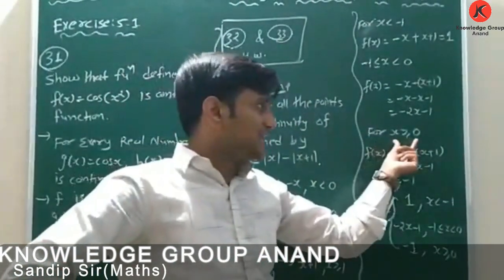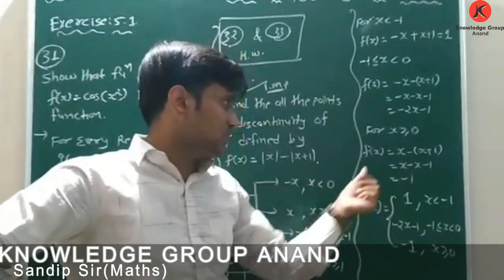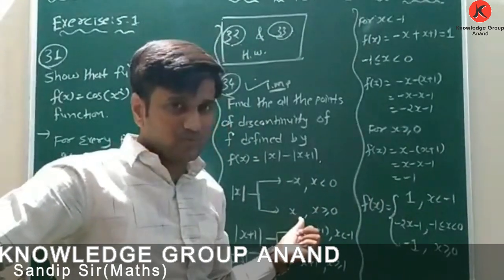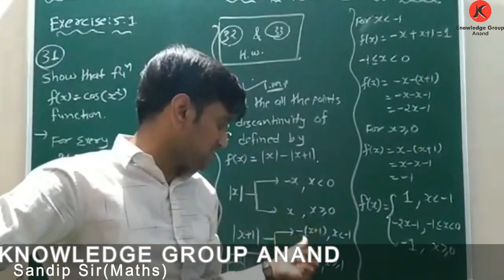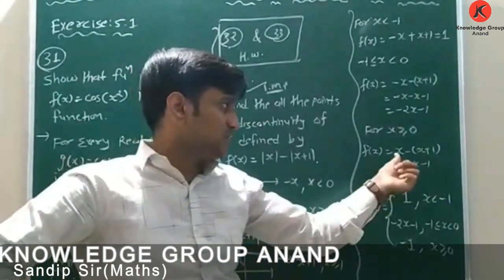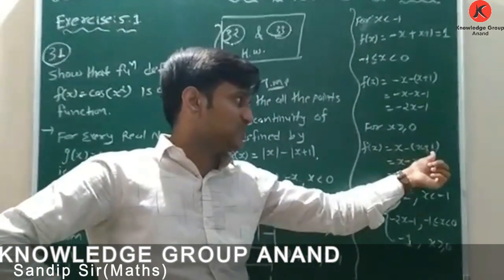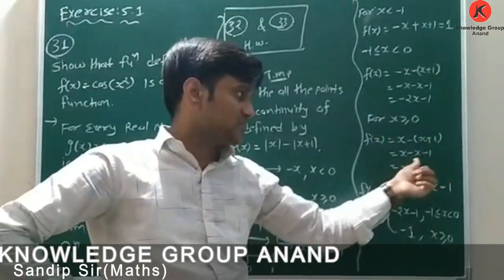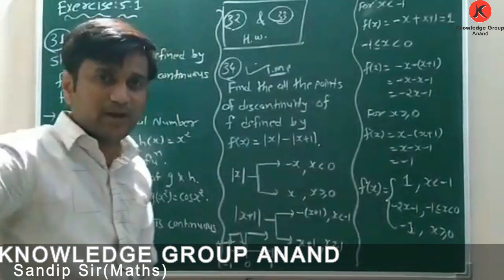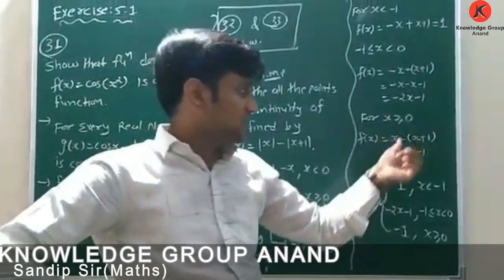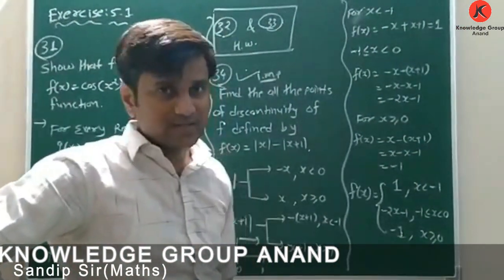And for x ≥ 0, both give positive values, that means x − (x + 1) = x − x − 1, so the answer is −1. For x ≥ 0 it always gives the answer −1.